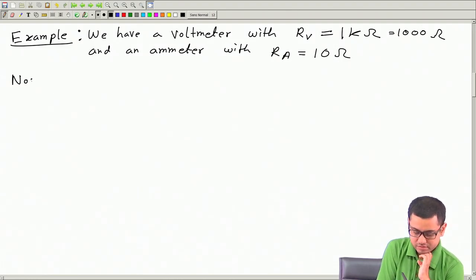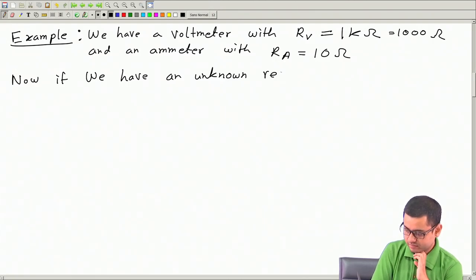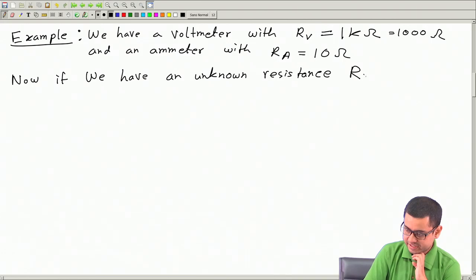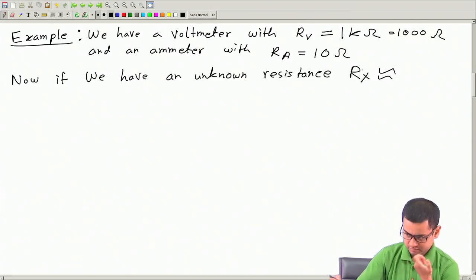Now if we have an unknown resistance Rx, whose value we know is around say 10 ohm.